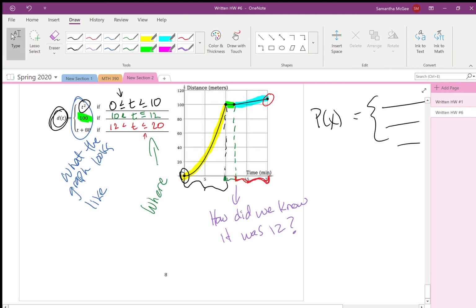The reason that I knew that was 12 is because looking at the piece that's highlighted in green and the piece that's highlighted in blue, those two pieces connected at this point.